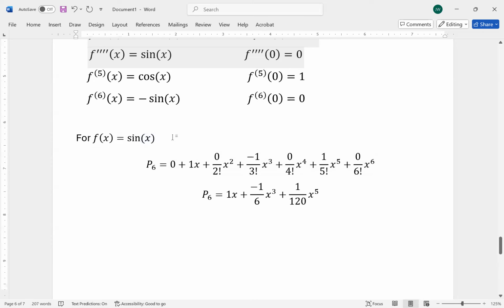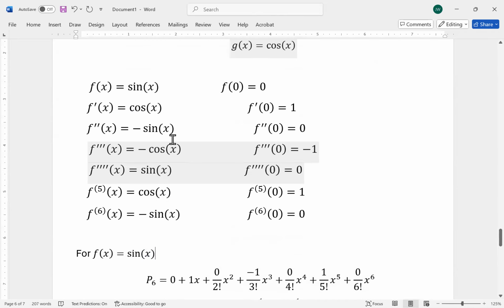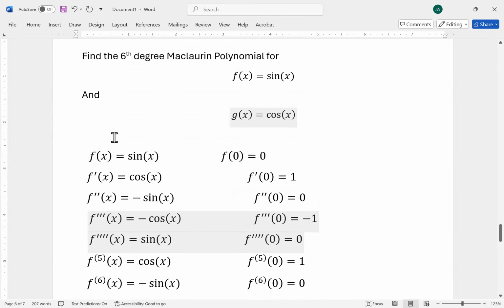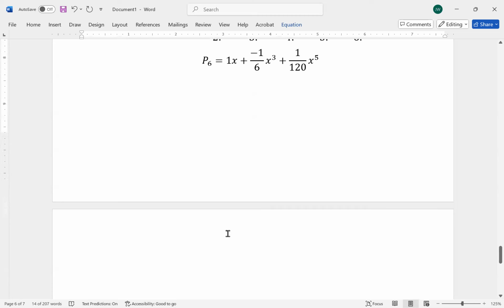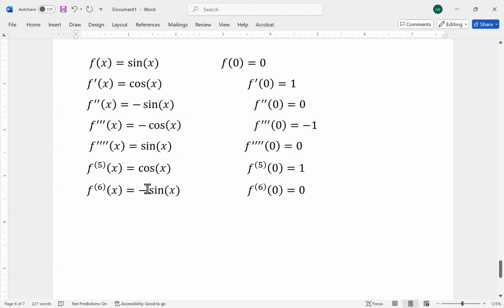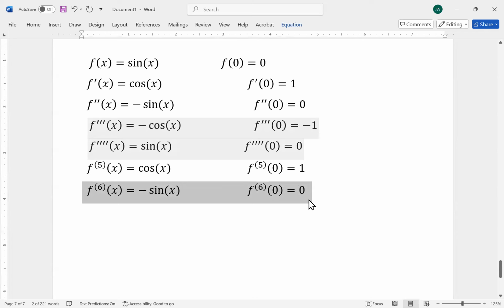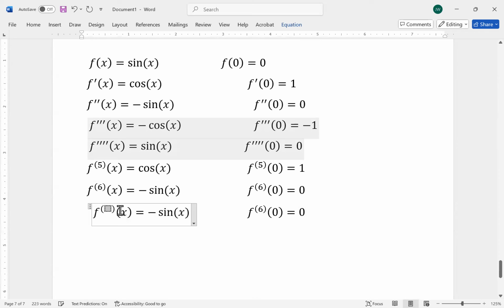So that was for the sine of x. If I was going to do the exact same thing for cosine, I essentially just need to do one more derivative. Take the sixth derivative, and now take the seventh derivative. So we go seventh derivative, negative sine has derivative of negative cosine of x.